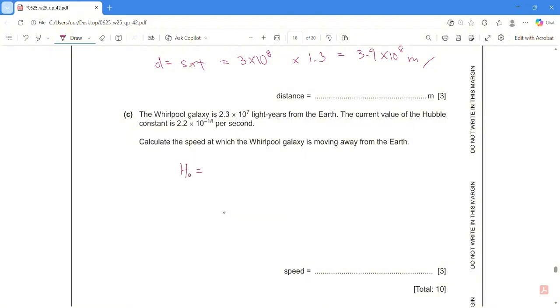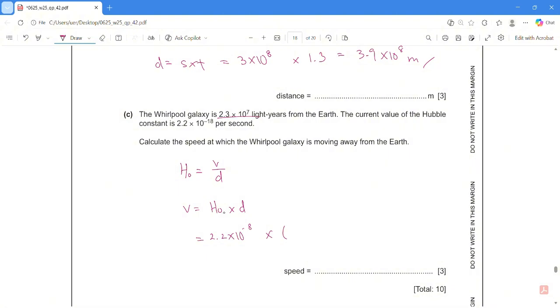Question C, Whirlpool galaxy this many light years, Hubble constant, calculate the speed. So the Hubble constant formula is H equals V over D. Now we're looking for the velocity, the speed, so we use Hubble constant times the distance. Hubble constant is 2.2 times 10 to the power of -18.